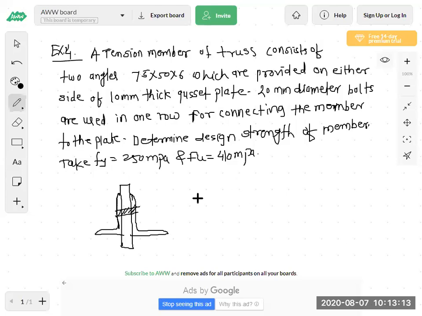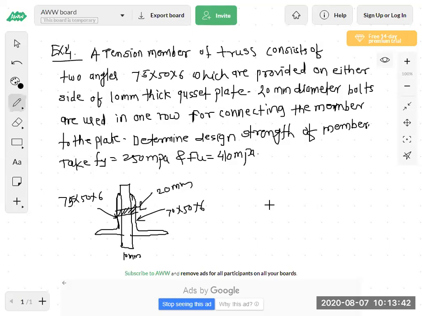How many bolts are used for connection, that they have not given. So here 10 mm thick gusset plate is there. These angle sections are 75 by 50 by 6. This second angle is also 75 by 50 by 6. They have given, and the diameter of bolt is 20 mm. But how many bolts, they have not given.